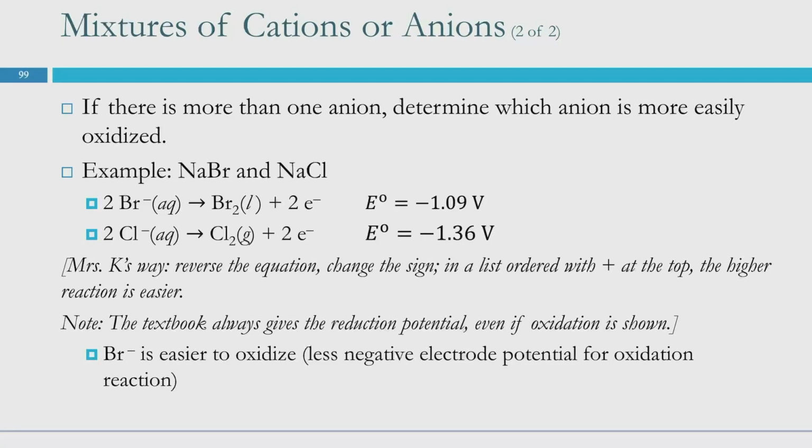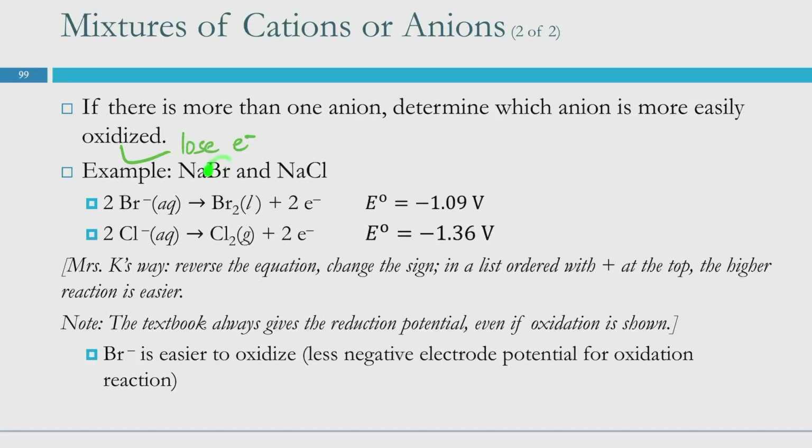If we have more than one anion, or negatively charged ions, we can determine which one is more easily oxidized. And oxidation is losing electrons, oil rig. Oxidation is losing electrons, or losing electrons, oxidation, Leo goes grr.